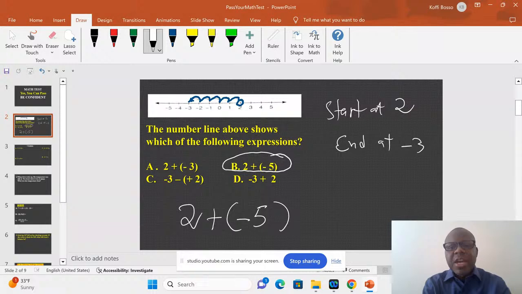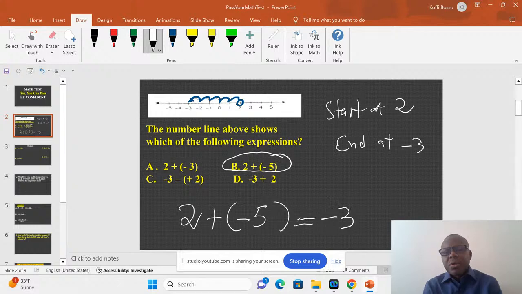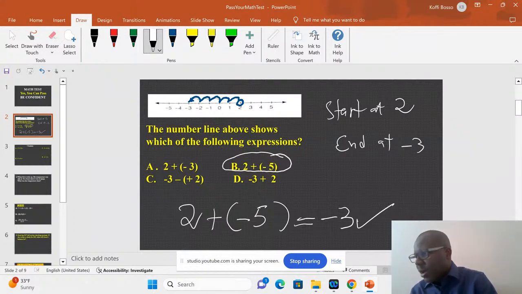And yes, if you check your answer, 2 plus -5 is -3. So it's like you have $2, but you purchase something for $5, you cannot pay in full. So you have $3 more to pay back. So you have a -3. The reason the answer is -3. Okay, so again, feel free to jump in and ask your question.